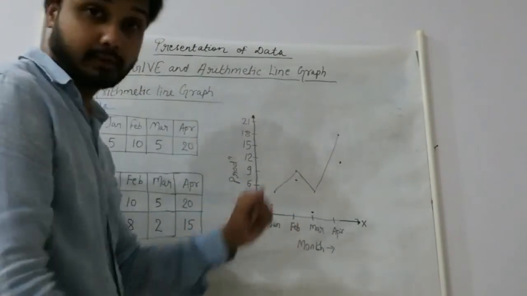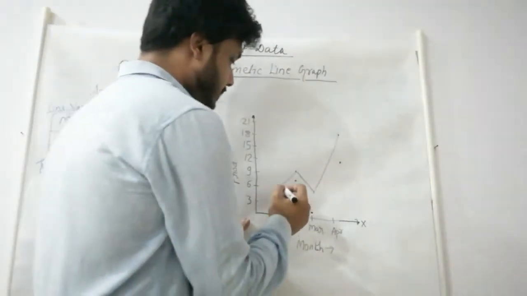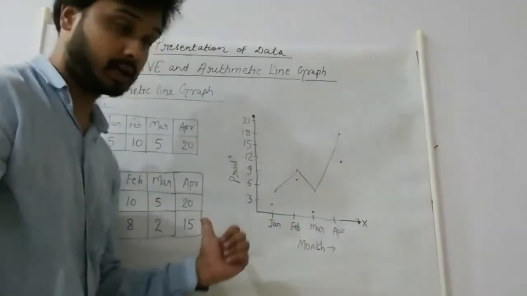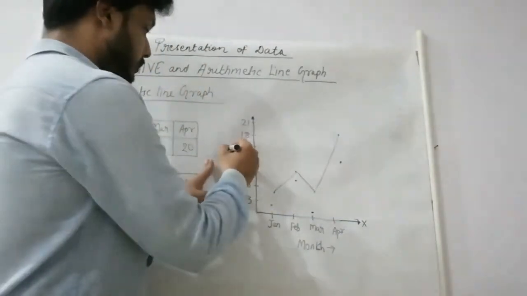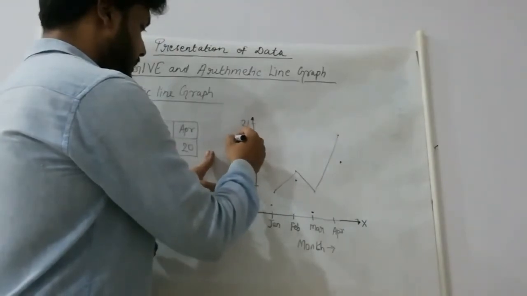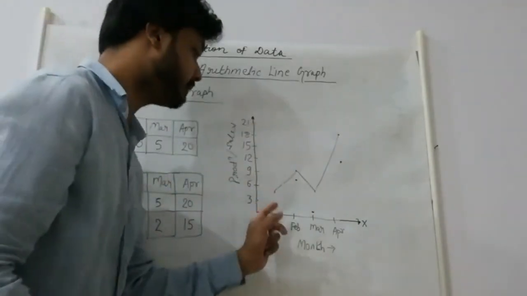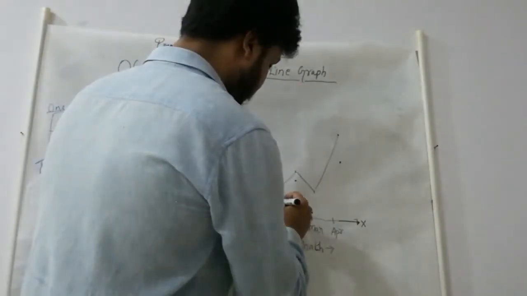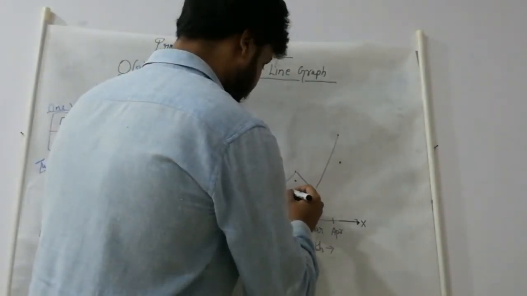Now join the points for sales. But remember, this line which we have made for production, don't make the same. Here also we will write sales now because we are representing both. Remember, we will not make the same line, some difference should be there. We can make broken lines.